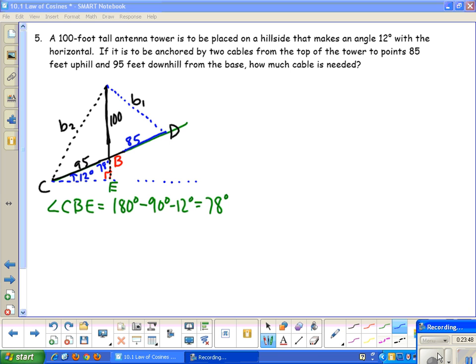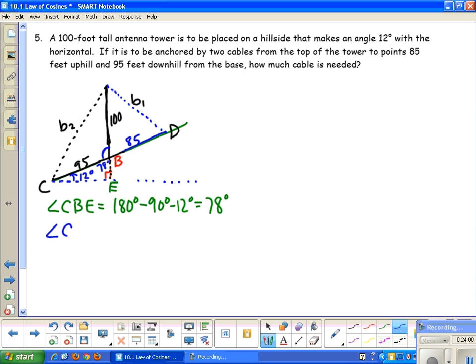So if I know this is 78 degrees, then I can figure out what this angle is by using the supplementary angles postulate. So for this one, let's call this up here A. So this angle right here, by taking 180 degrees minus 78 degrees, is 102.